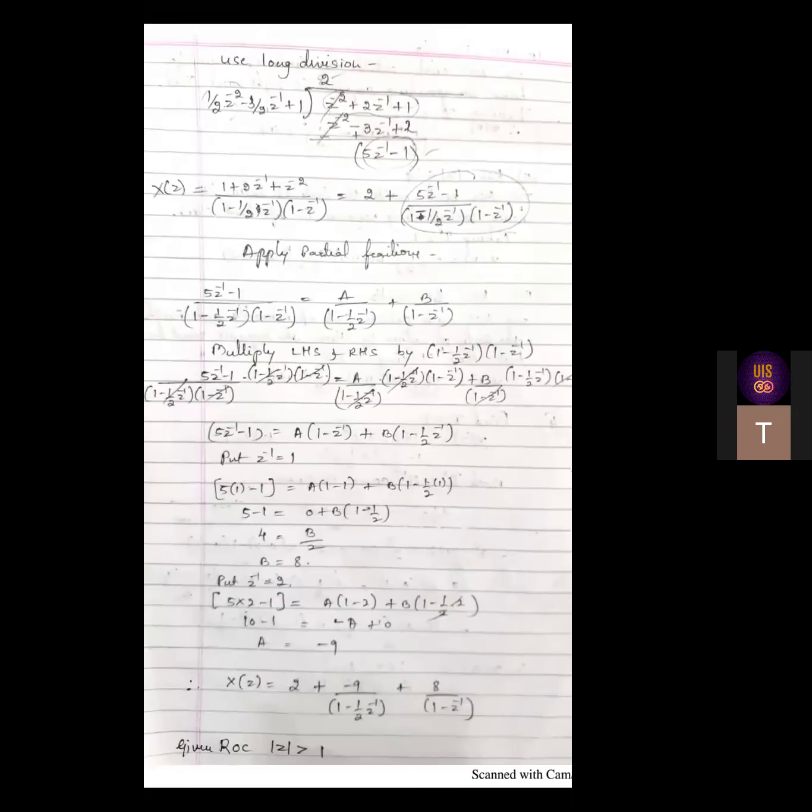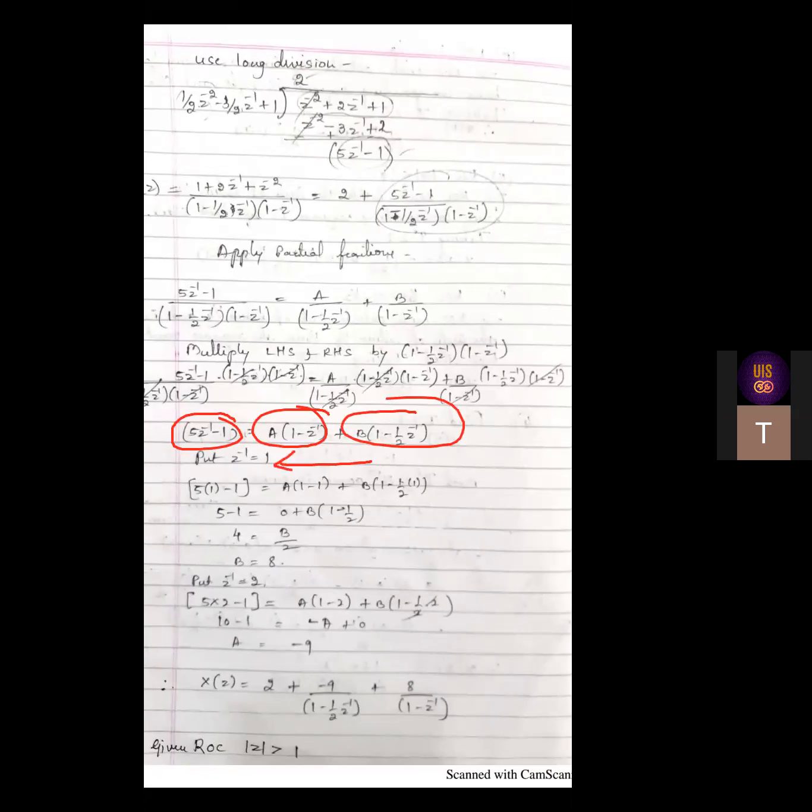Then after this, the numerator is 5z inverse minus 1, equal to A into one bracket and B into the other. Then go for trial and error, substitution of z inverse. One time I have taken z inverse as 1, I have got B as 8. The next time I have taken z inverse as 2, I have got A as minus 9. You can do this. It's simple mathematics, substitution and simplification.